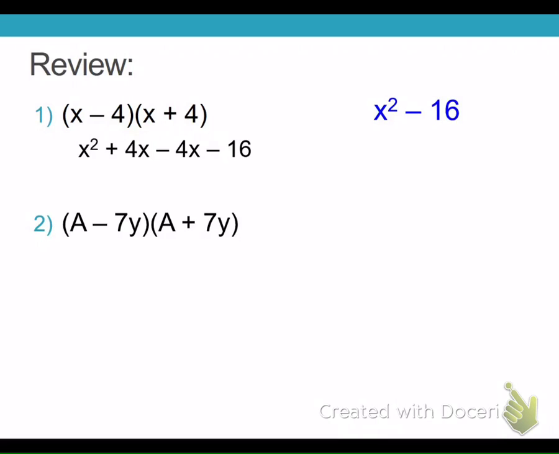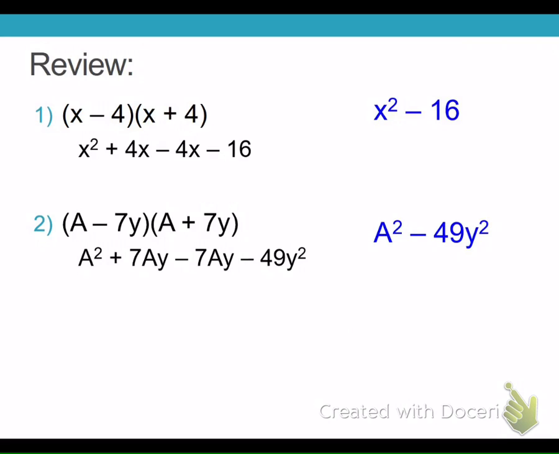Here's another one. When I double distribute here, I would get a squared plus 7ay minus 7ay minus 49y squared. What happens to the middle terms? Again, they cancel out.